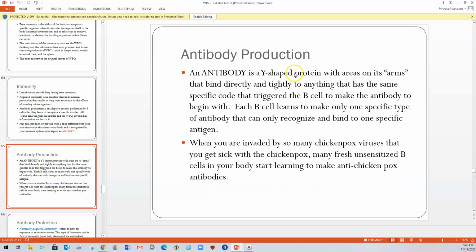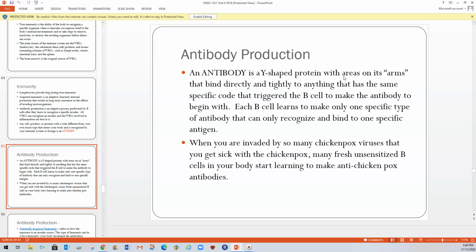An antibody is a Y-shaped protein with areas on its arms that bind directly and tightly to anything that has the same specific code that triggered the B cell to make the antibody. Each B cell learns to make only one specific type of antibody that can only recognize and bind to one specific antigen.